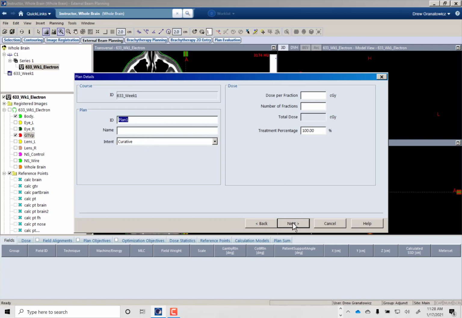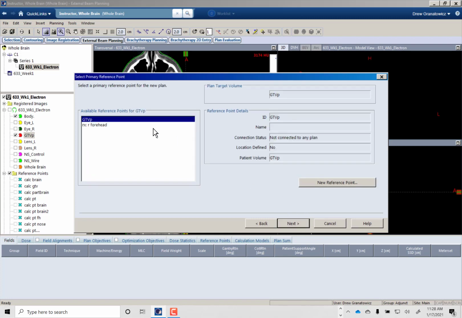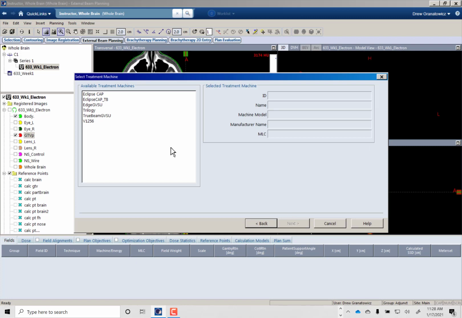You can call it plan 1 or rename it if you want to. I'm going to select GTV as my target volume. And if you guys could create a new reference point based on this volume, that's what you should do. I've already planned this once, so that's why it's already in there.